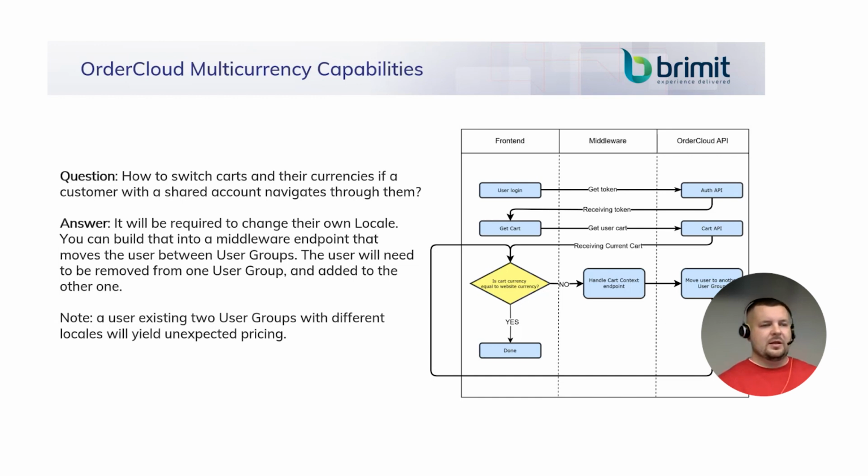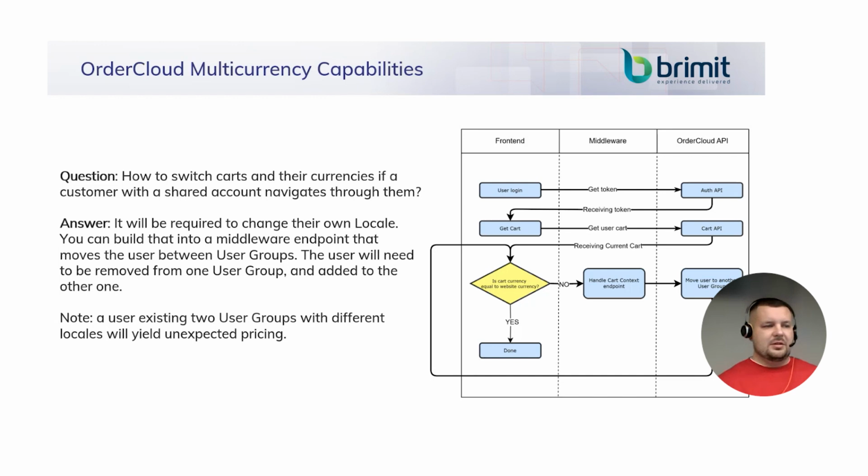So the middleware is somewhere in between, but our front end is communicating not only with the middleware, it is also communicating with the OrderCloud API directly.